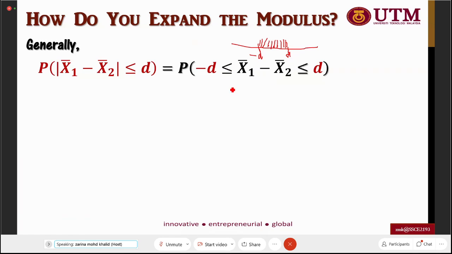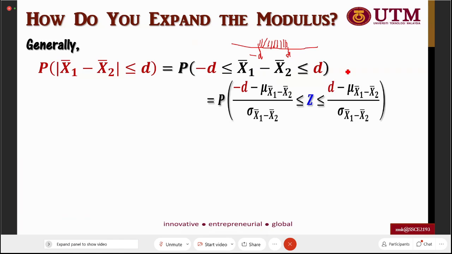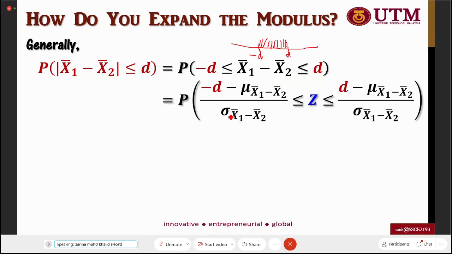After you expand, then only you standardize. So negative d minus the mean for x bar 1 minus x bar 2 divided by the standard deviation of x bar 1 minus x bar 2. This is just notation. You get the mean for x bar 1 minus x bar 2 and the standard deviation, and you standardize as usual. Whereas the second value is d minus the mean of the difference divided by the standard deviation of the difference.